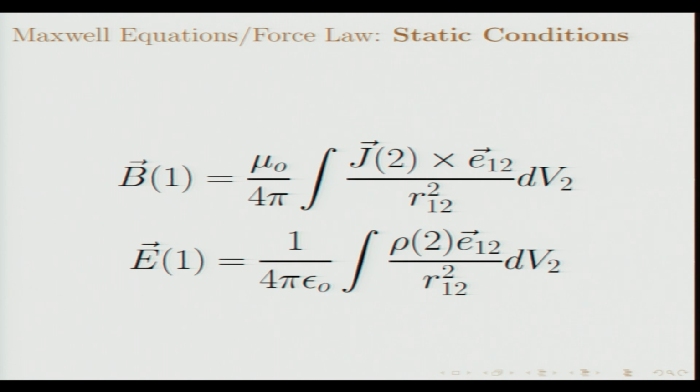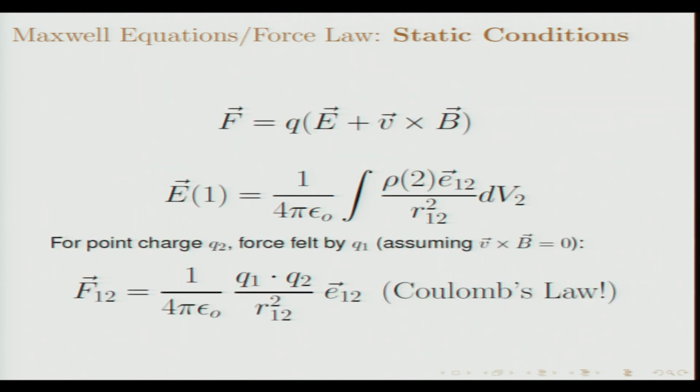So, if you have a point charge, this volume integral will just be equal to the charge at that point. If you go to the next slide, you will see that if you assume that V cross B is 0, and we apply the Lorentz force law, which is true in general, you will find the force due to 2 point charges. Remember that E1 now will be equal to 1 by 4 pi epsilon naught into Q1 into E12 bar, where Q2 is the point charge at location 2.